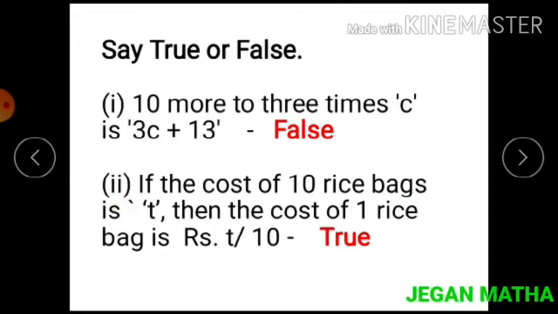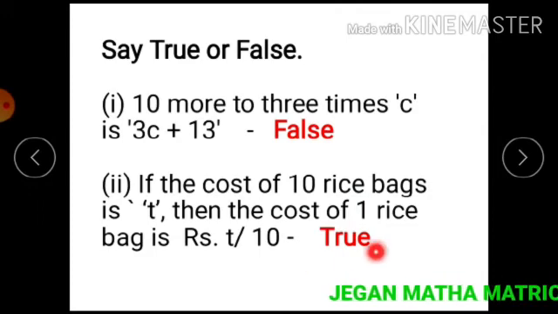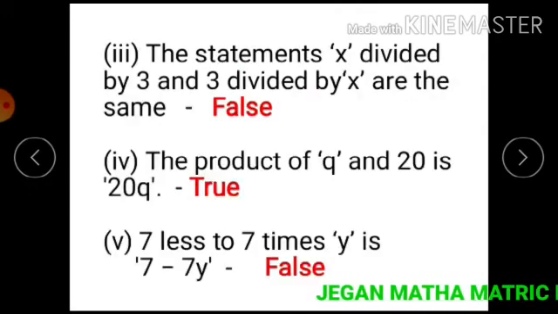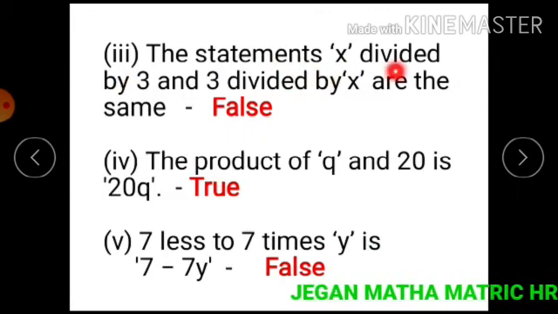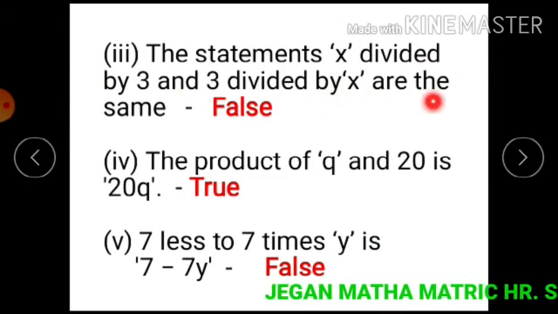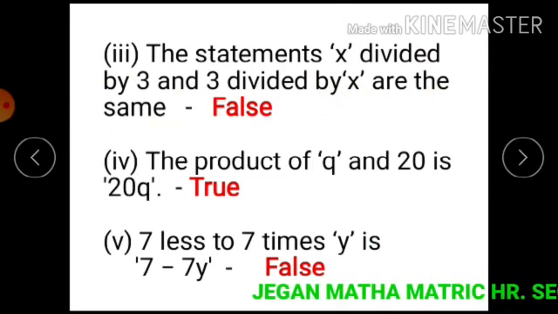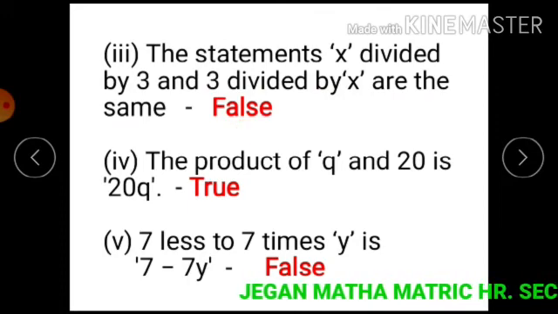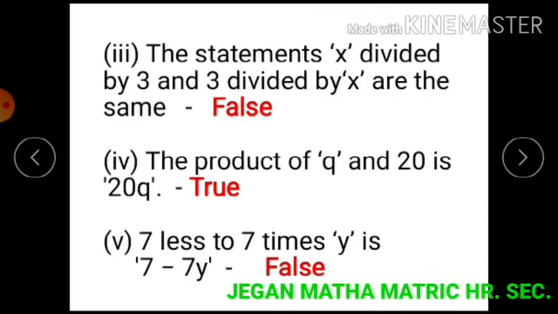Subdivision 2, if the cost of 10 rice bags is t, then the cost of 1 rice bag is rupees t by 10. This statement is true. Subdivision 3, the statements x divided by 3 and 3 divided by x are the same. It is a false statement. Both the statements are not equal.